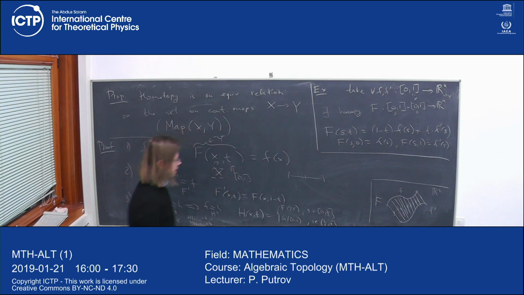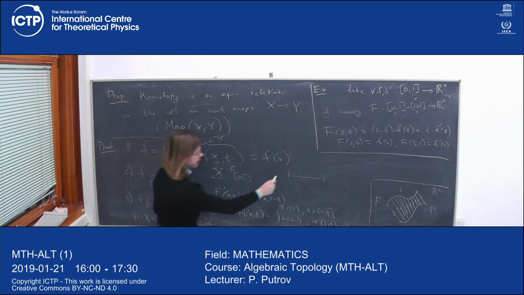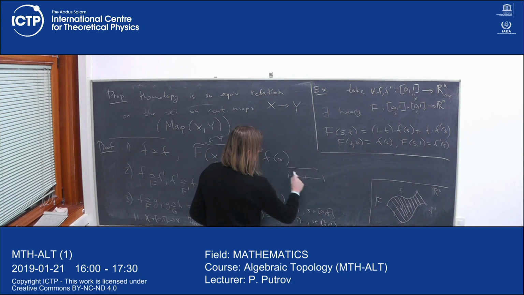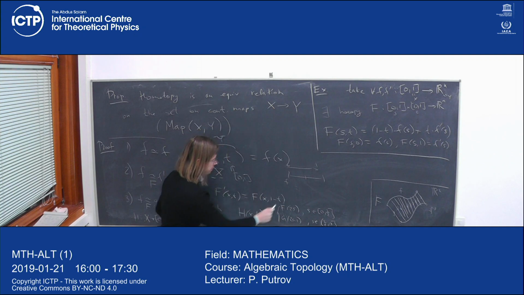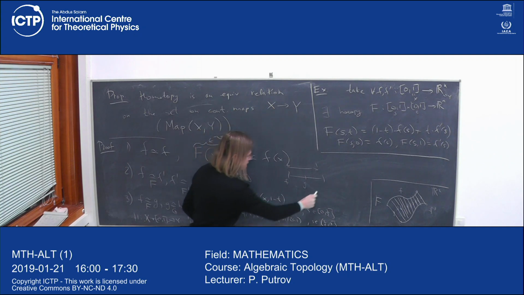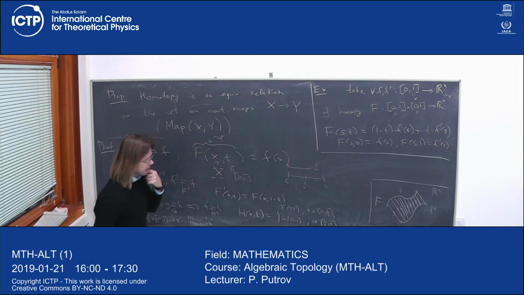So we can understand it as a kind of, if this is my interval 0 to 1, here I first do a homotopy from f to g and then a homotopy to h. And then I can combine them.